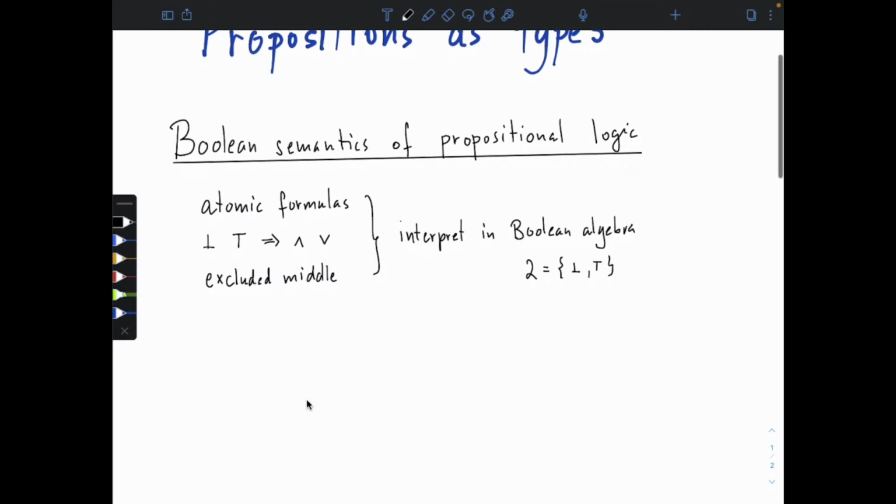And let's remember, how did that work? The theorem that I wrote down was the one that you might have heard in class somewhere, which said that phi is provable if and only if phi is a tautology.